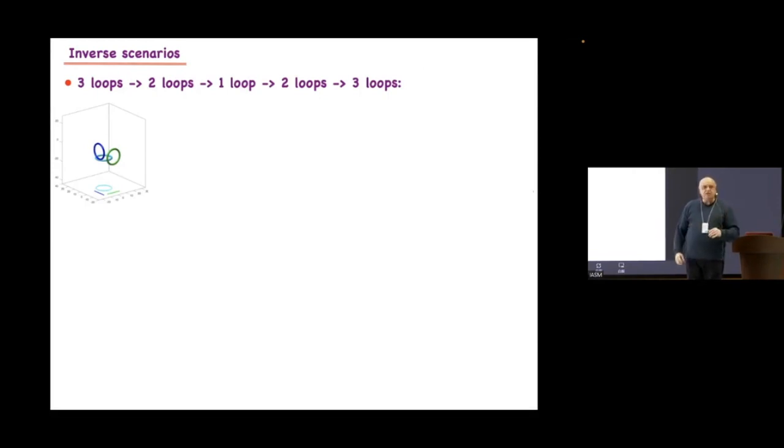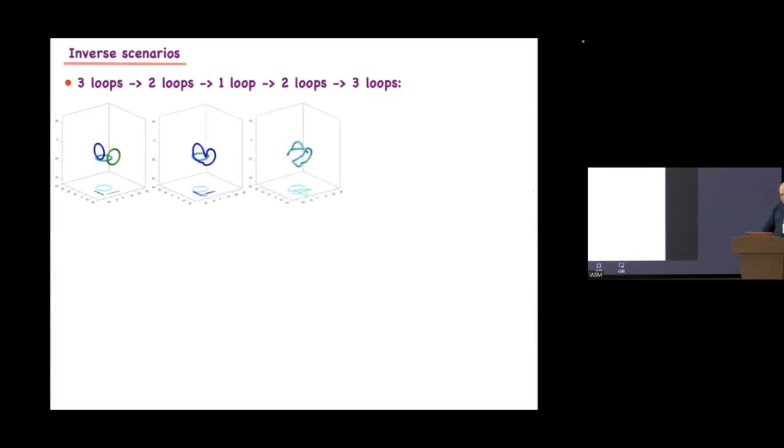The point is you can have unexpected dynamics, but on average, what you get is a continuous decay towards formation of loops. So this is the message. However, at particular instances, you have reverse dynamics. Here, you have a cycle, 3 loops, 2 loops, 1 loop, and then, why not, going backwards.